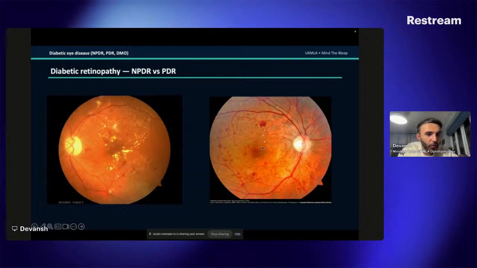Again, we've still got those exudates, we've still got those hemorrhages, but what we also see, as you'll be able to appreciate, is a lot more new, smaller, fragile-looking vessels that are formed in comparison to the left-hand side. So that is a key example of proliferation, neovascularization, and those new blood vessels that are formed in response to the ischemia are particularly high risk for leakage and bleeding.